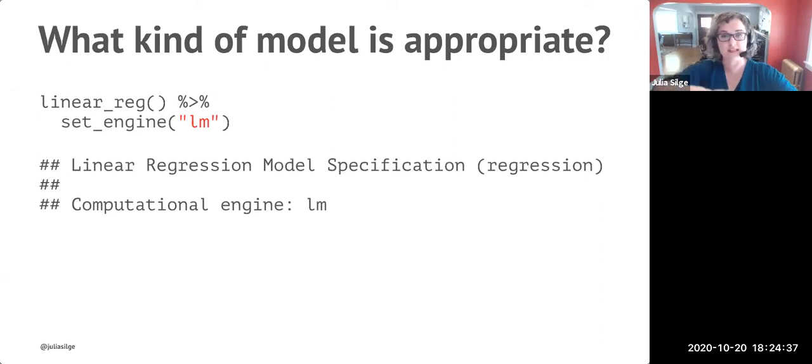So we separate out the kind of model that you want to train from the computational engine that you use to train it. Here, let's say we want to train a linear regression model using ordinary least squares, so we would set the engine to be lm.